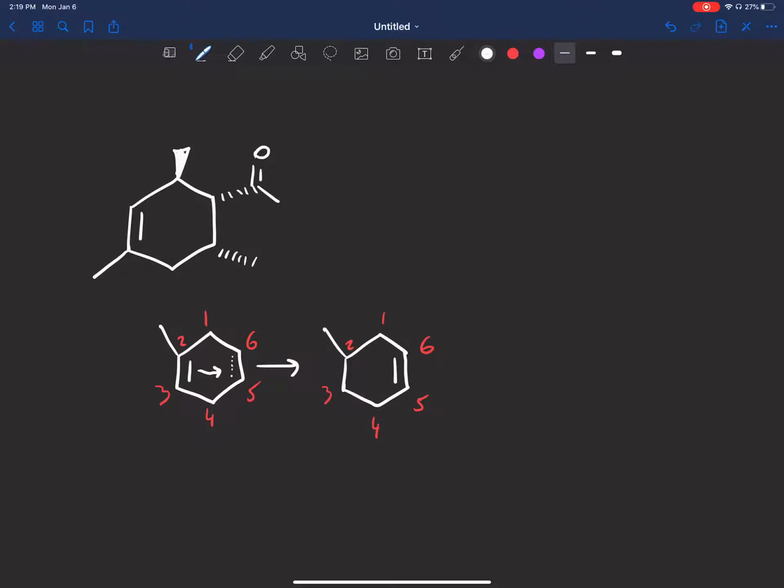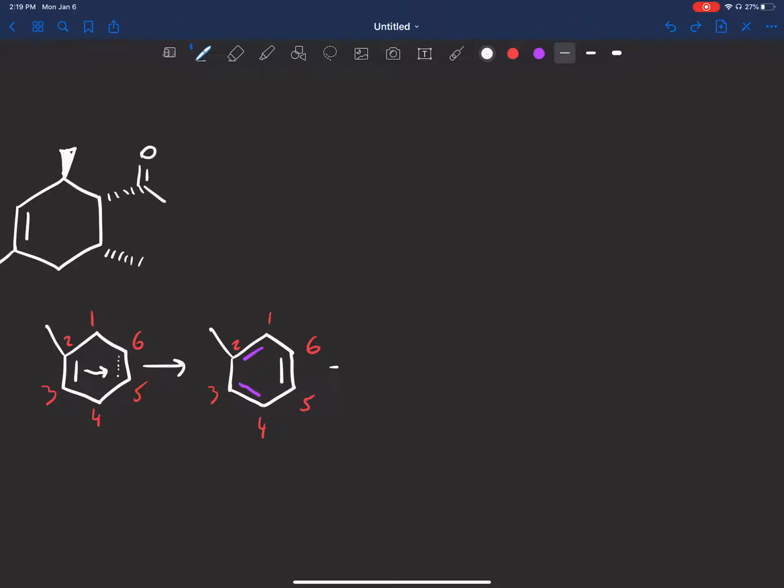Step 2, redraw the double bond of the diene. So that should be between these two carbons and these two. Like I said, step 1, the double bond moves directly across. Then you look at where that double bond used to be and put 2 double bonds on the 2 carbons next to it. That's step 2.